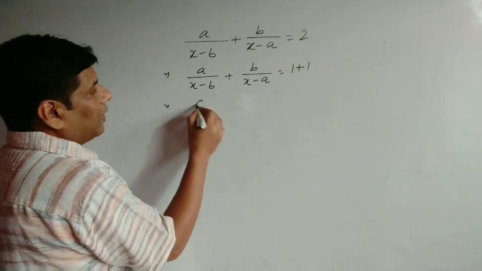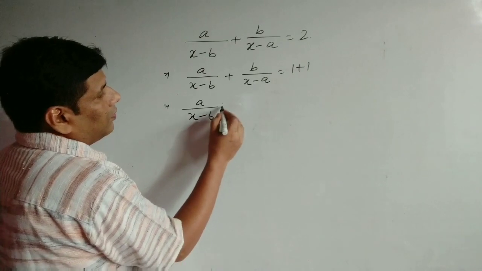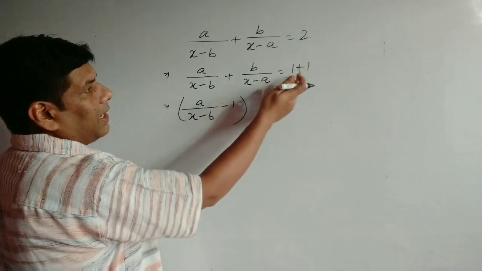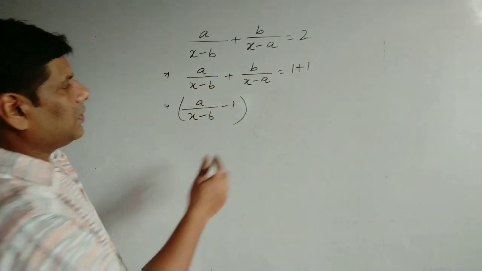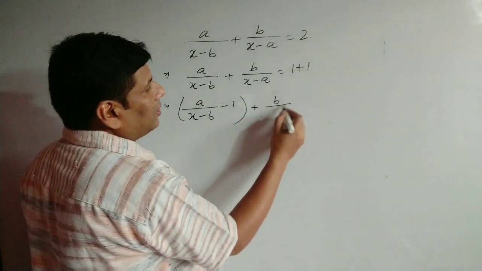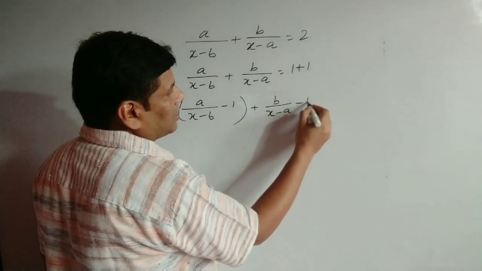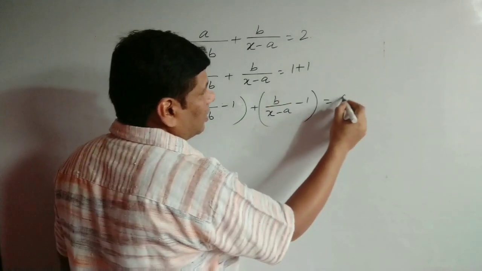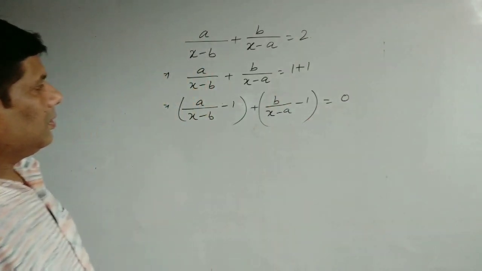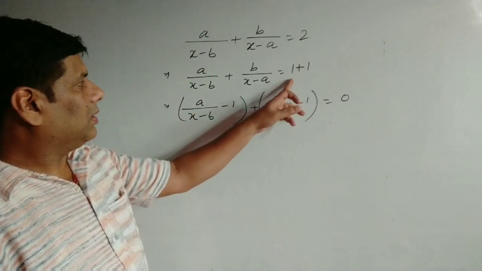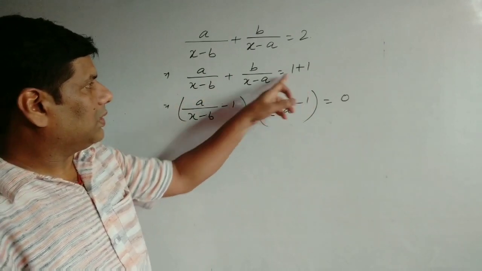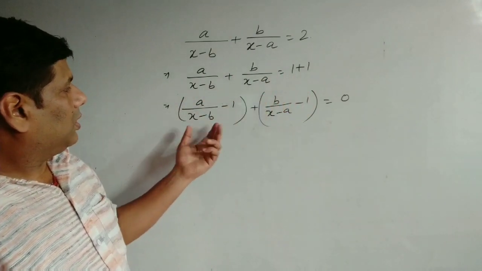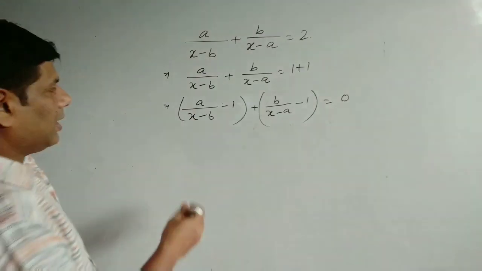Then what we will do? We will subtract this first 1 from this one, and this 1 from this one, so it becomes a by (x minus b) minus 1 plus b by (x minus a) minus 1 equals 0. What we have done is taken this one here and this one here. Now take LCM.